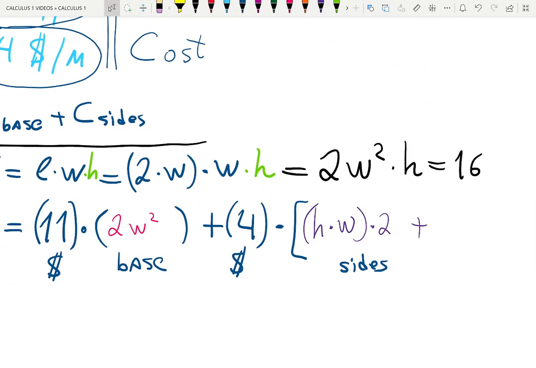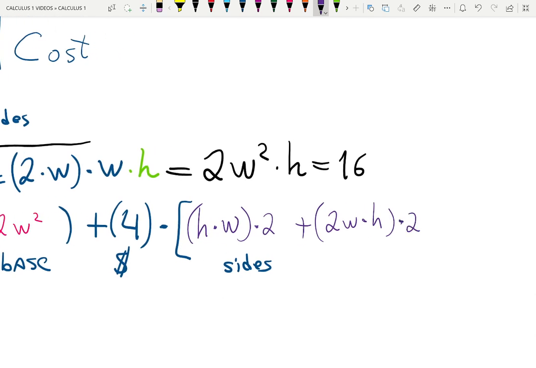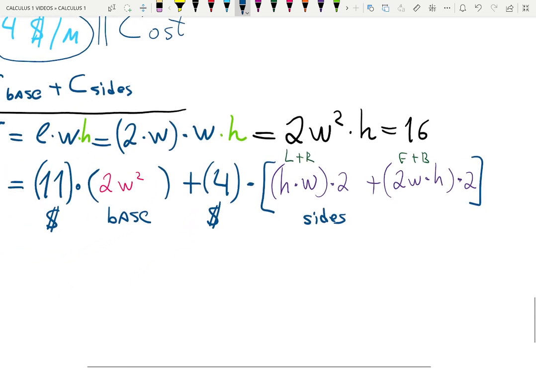So it's going to be 2 widths times height, and there are two of them as well. So I will do left and right, front and back. Close the brackets. This is the objective function basically, and this is what we hope to minimize.